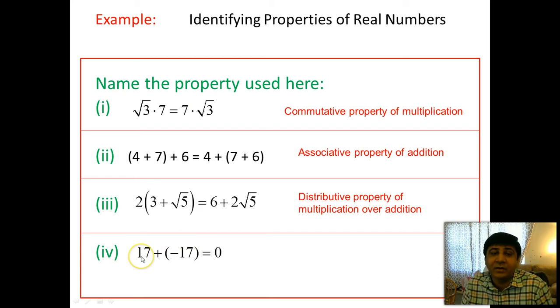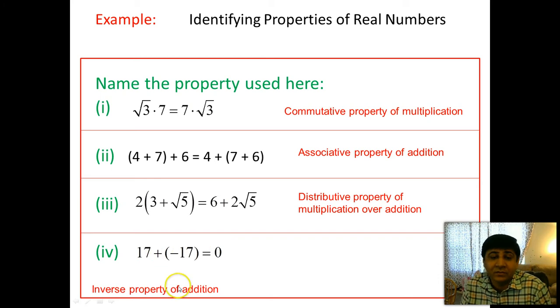We have 17 plus negative 17, it produces 0. So it's the additive inverse, the inverse property of addition, which takes us back to 0. There are examples like this one in your homeworks. I want you to try those easy ones, but you have to be awake and pay attention to which property you're using there.